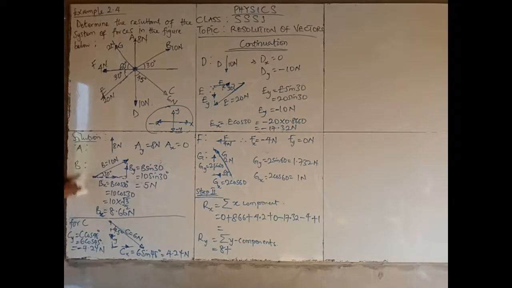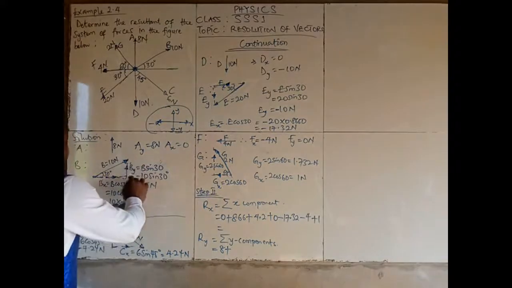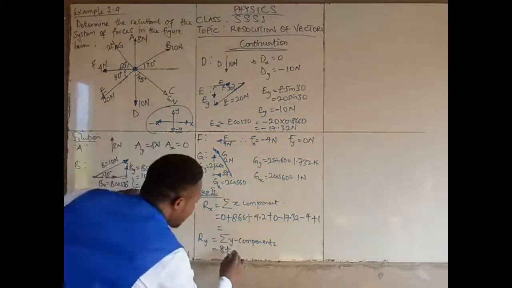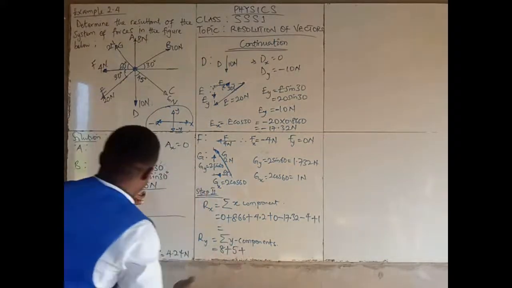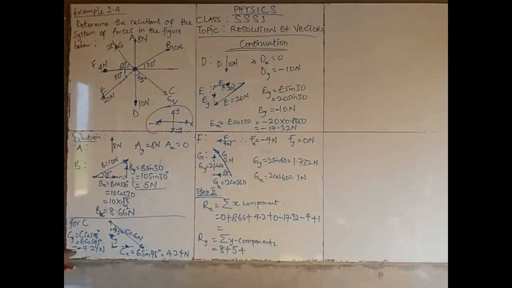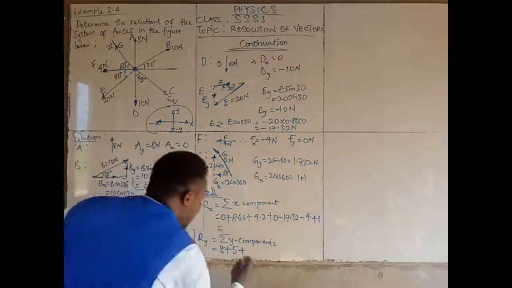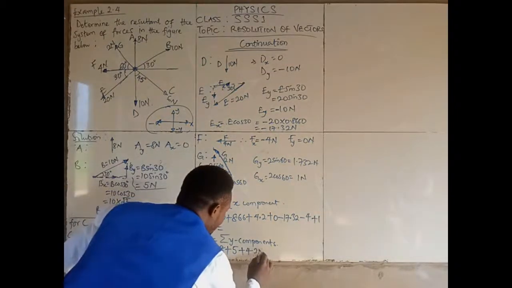For B, where's our By? Our By is 5 Newton, plus our Cy. Your Cy is 4.24 Newton or 4.2 Newton.